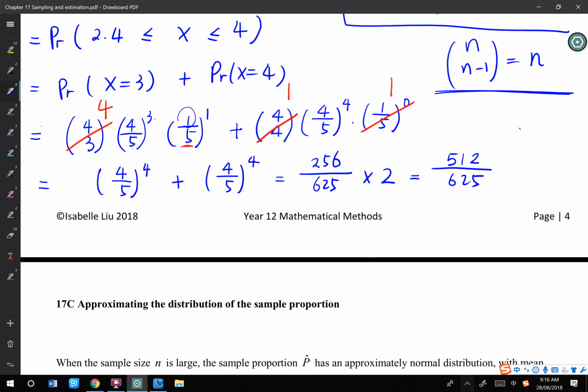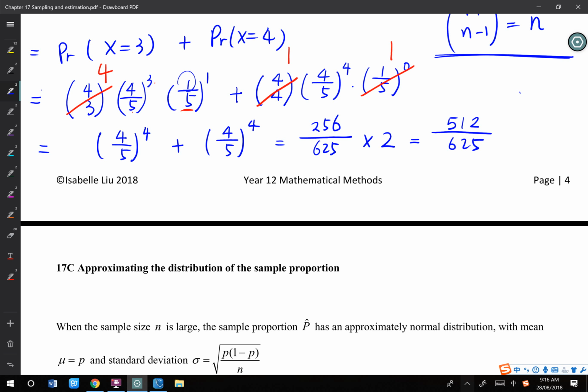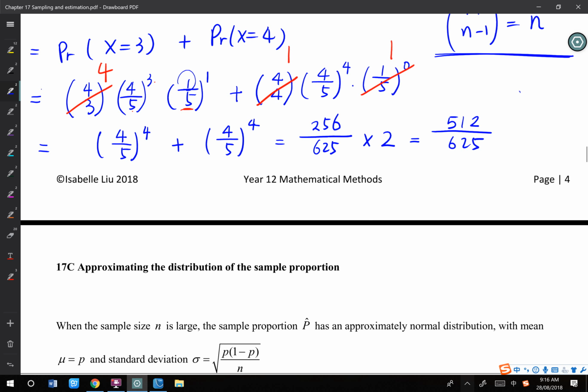Okay, because it's an exam 1 question, you need to know the formula for binomial distribution, and you need to be able to expand that by hand, not using a calculator. Those numbers are possible to calculate by hand.